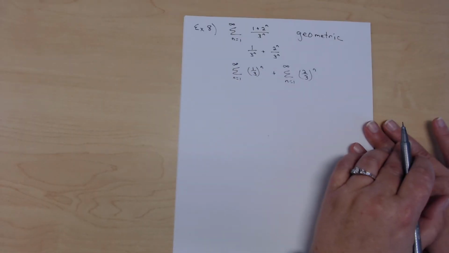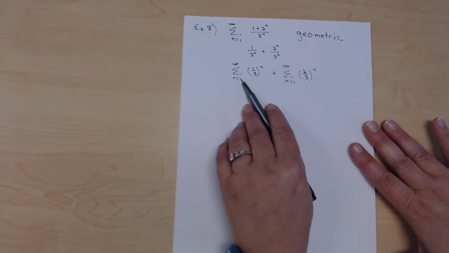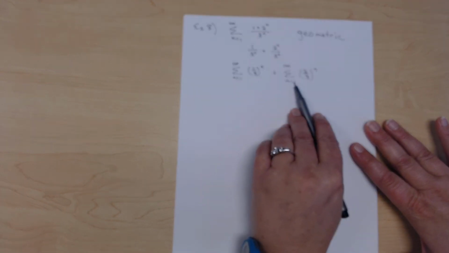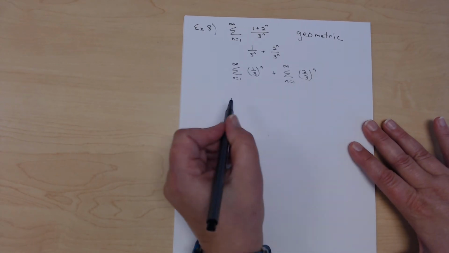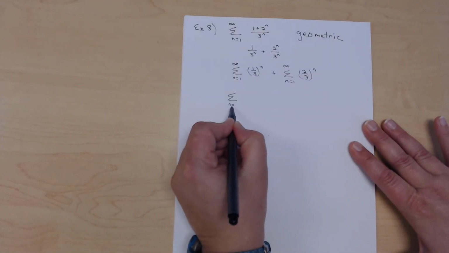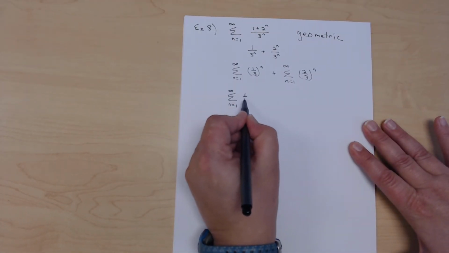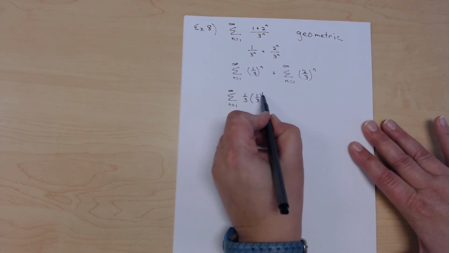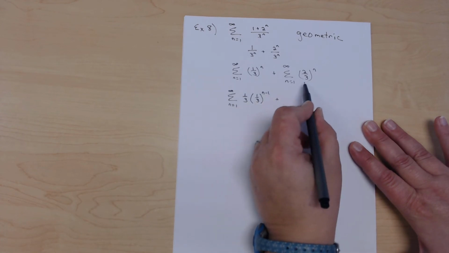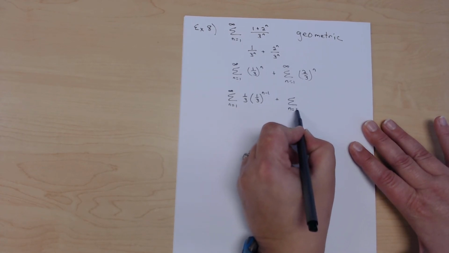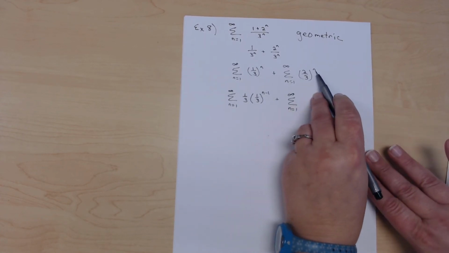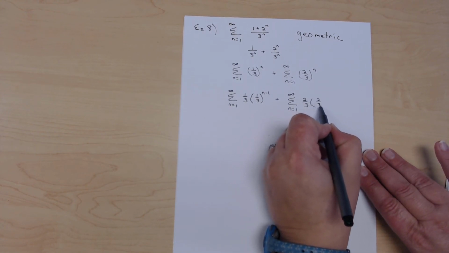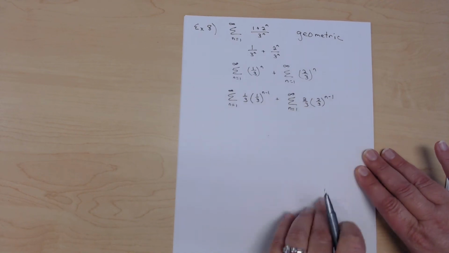But this is 1, so this has to say n minus 1. Same thing, this is 1, this has to say n minus 1. So I have to pull one out, 1/3, and now I can write it as 1/3 to the n minus 1. Same thing here. Because I'm starting at 1, this needs to say n minus 1, so I pull a 2/3 out, and now I can write it as 2/3 to the n minus 1.